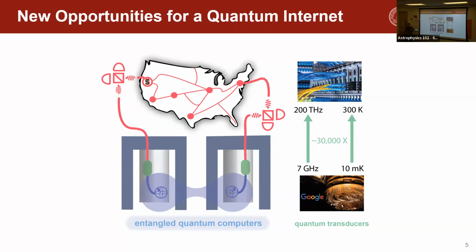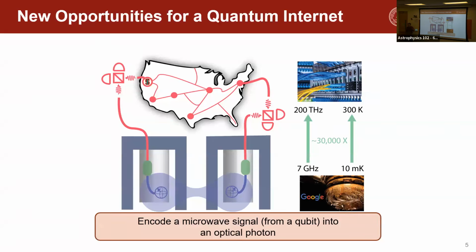And this is a field that's very active even here at Stanford: trying to find how best to encode the microwave qubit information, the information from these superconducting qubits, which is in the microwave domain, into the optical domain so that you can overcome issues with thermal noise that will affect the performance of the superconducting qubit.